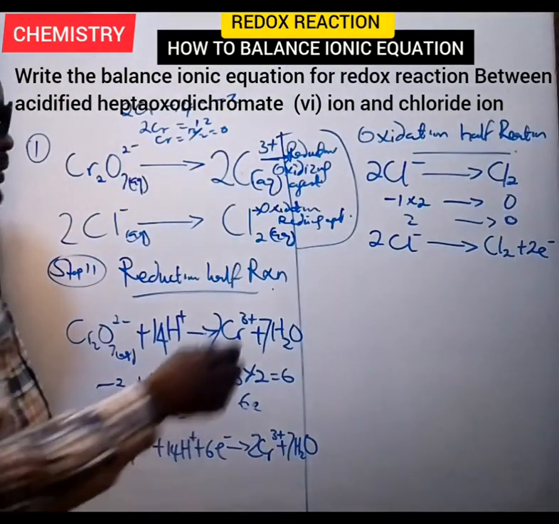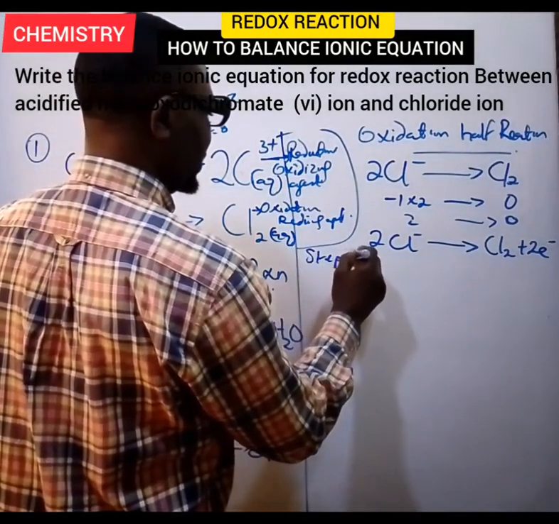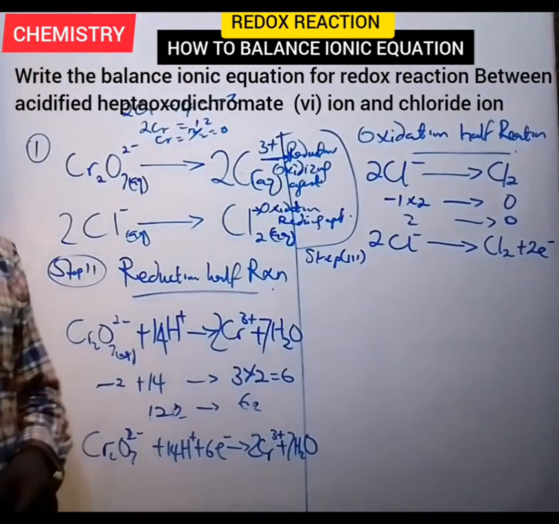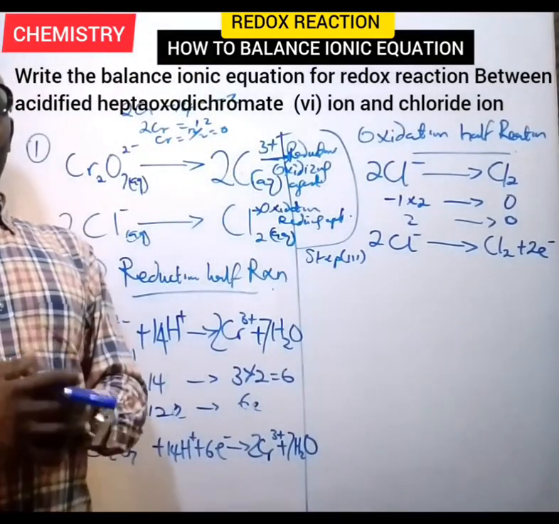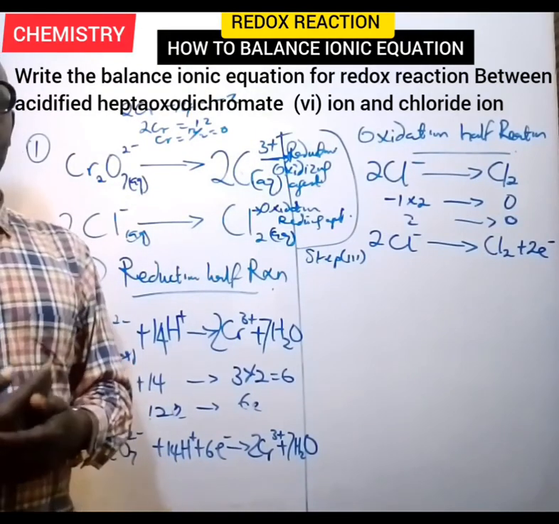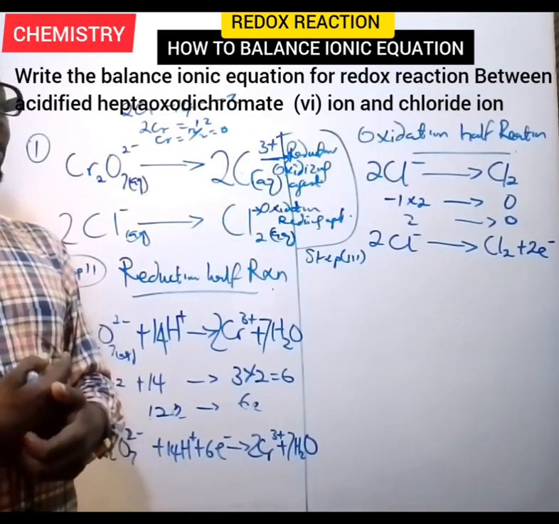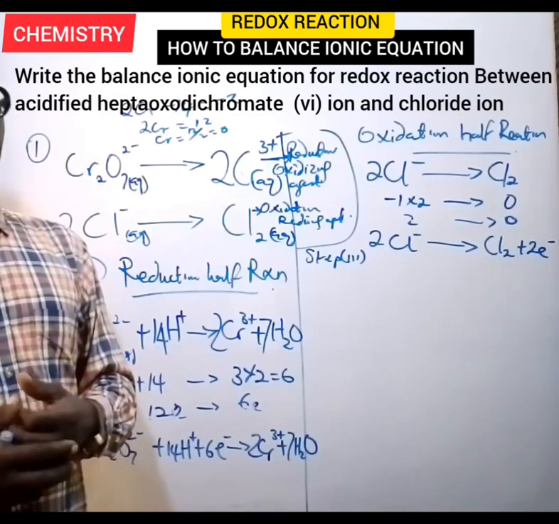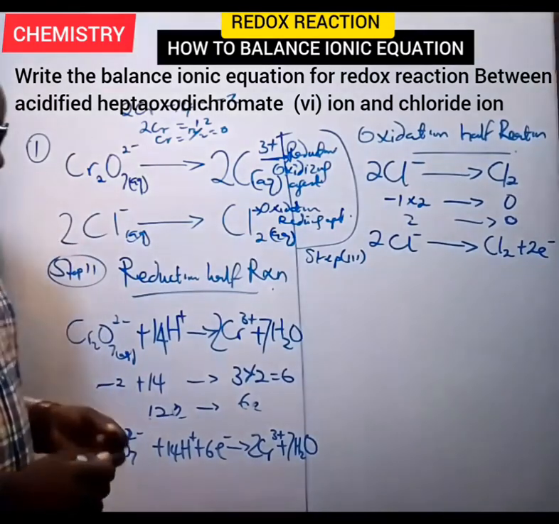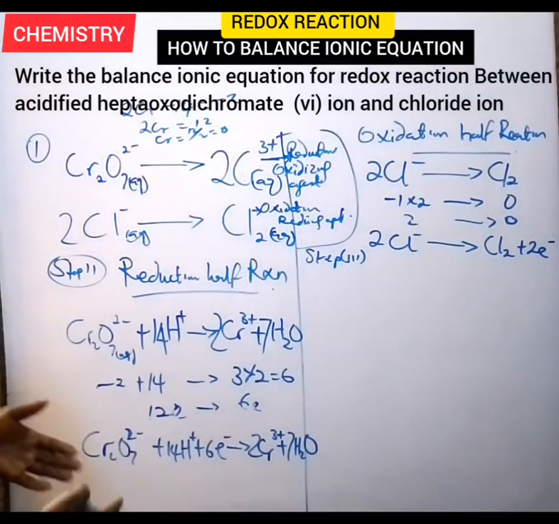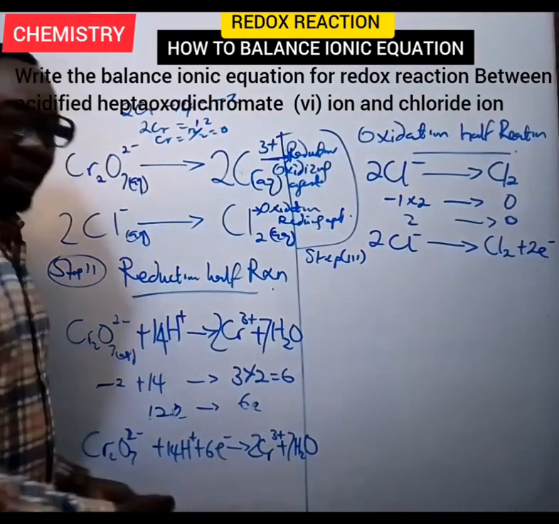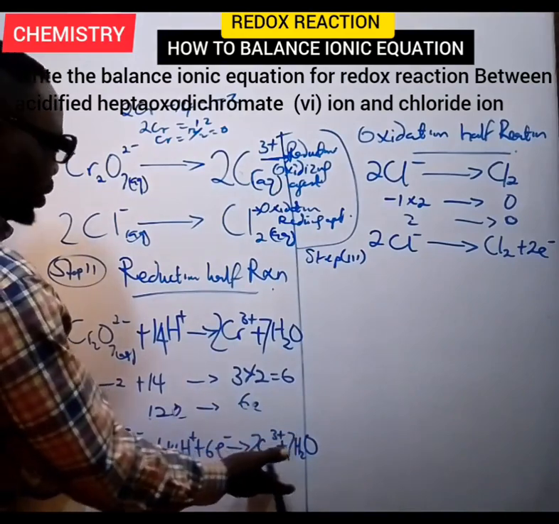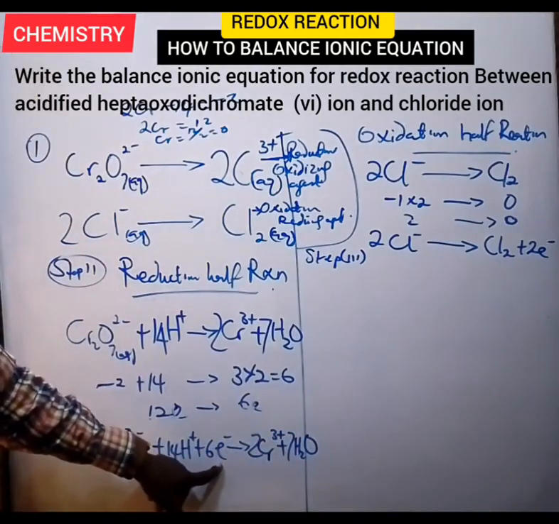The next step, step 3, is that the number of electrons lost must be equal to the number of electrons gained. When we want to put the reactions together, look at the reduction reaction: we have 6 electrons there.